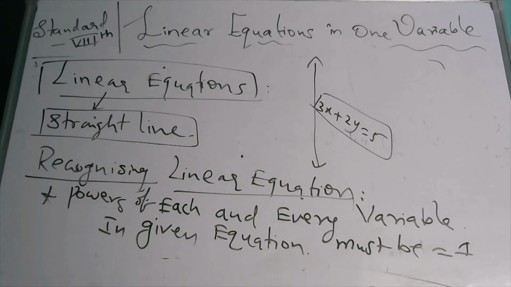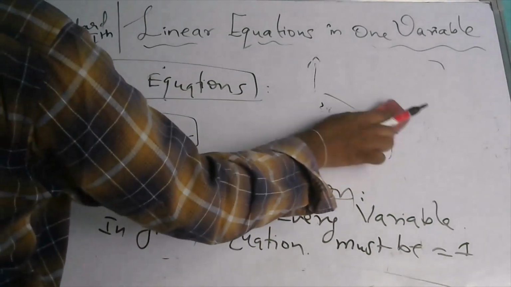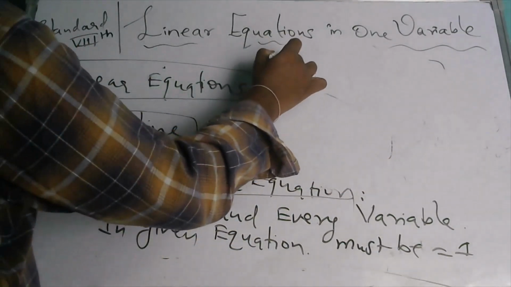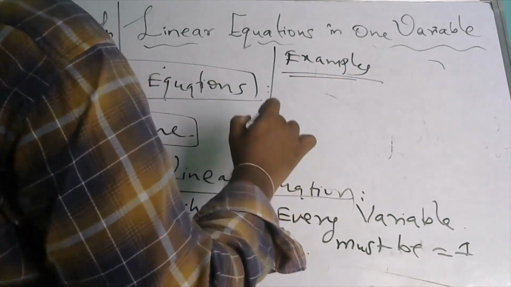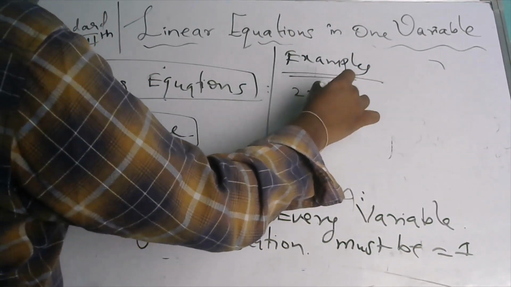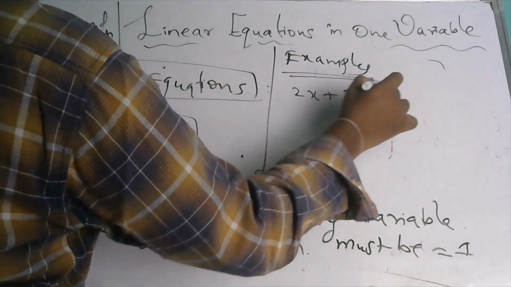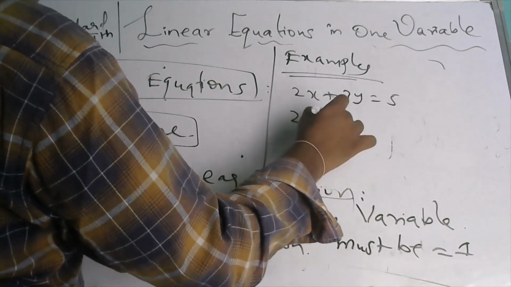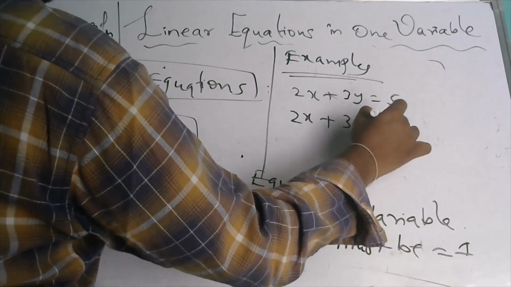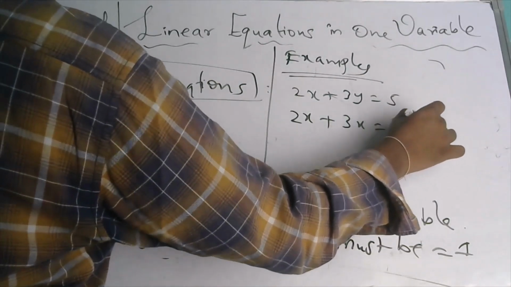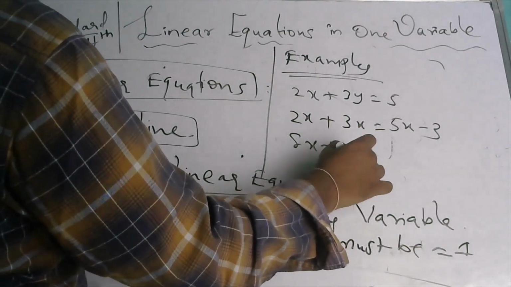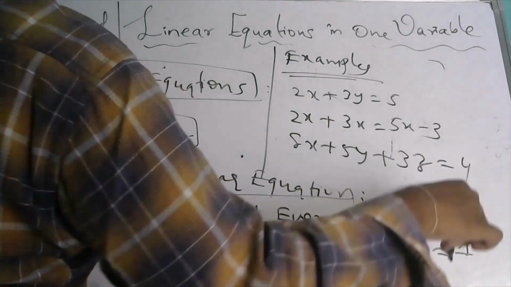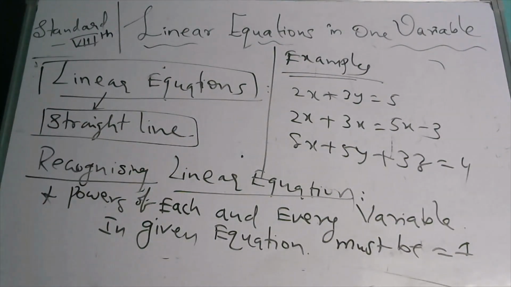Like this, I can say examples. Suppose 2x plus 3y is equal to 5, or 2x plus 3x is equal to 5x minus 3, or else 8x plus 5y plus 3z is equal to 4. So here 3 examples are given for you.